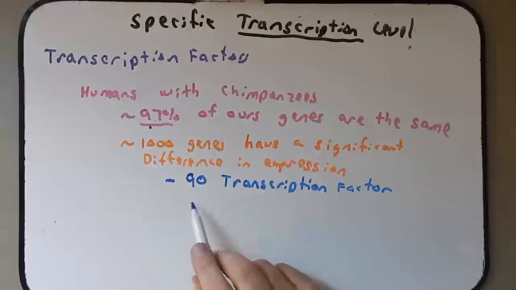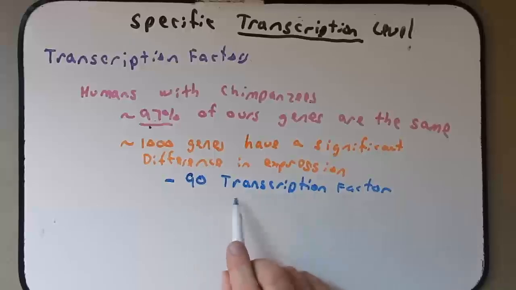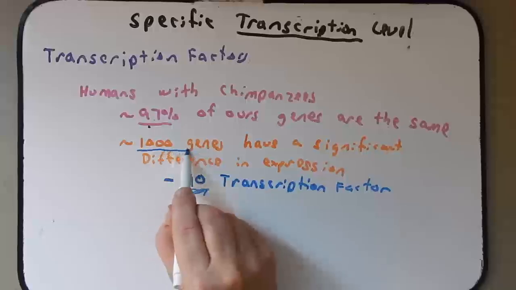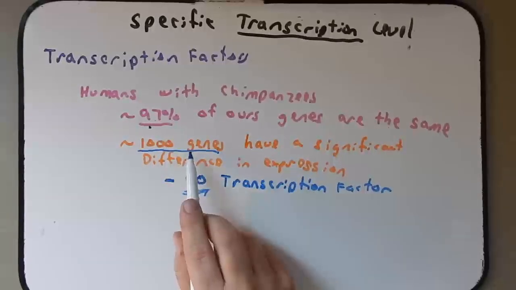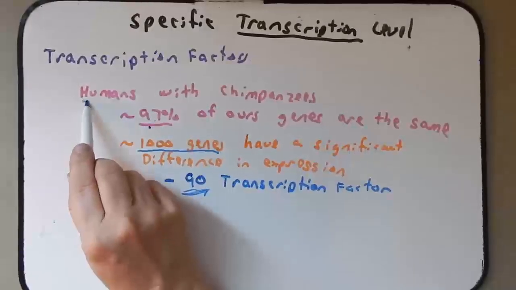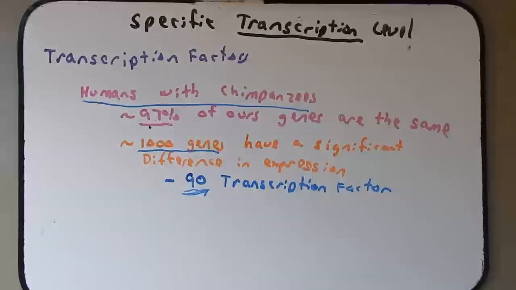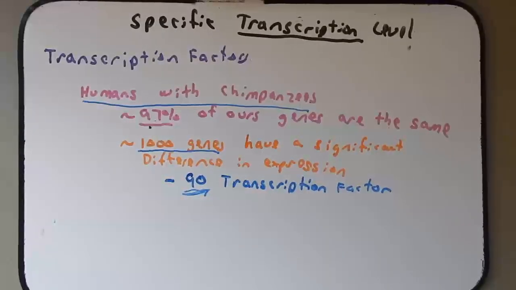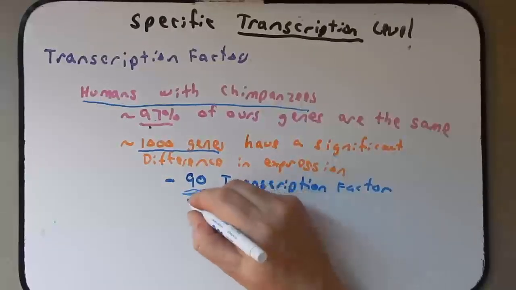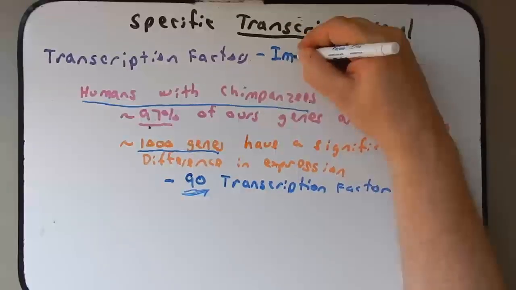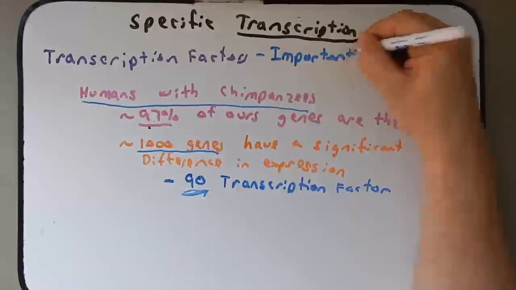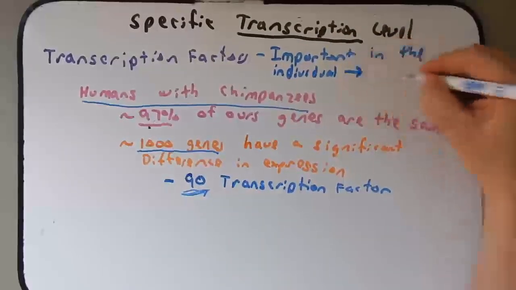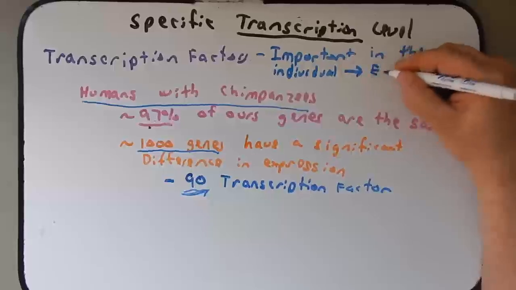Humans have about 2,000 to 3,000 transcription factors, but only 90 of them play a direct role in differentially expressing these 1,000 genes, which largely helps explain the phenotypic difference between humans and chimpanzees, even though we are so genetically similar. So transcription factors, the take-home point, are very important in the individual, but what we're learning is that they're very important in understanding evolution.